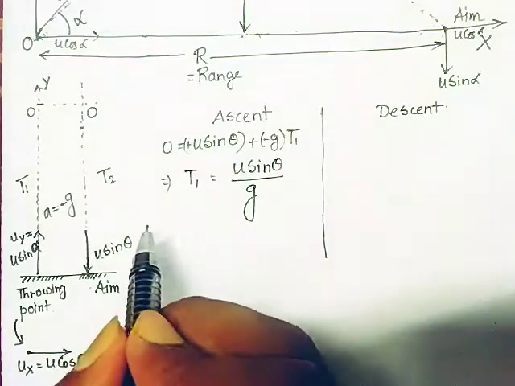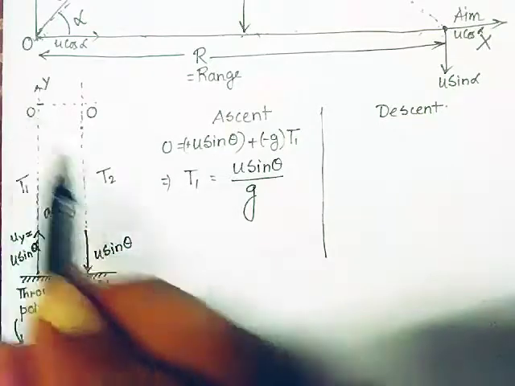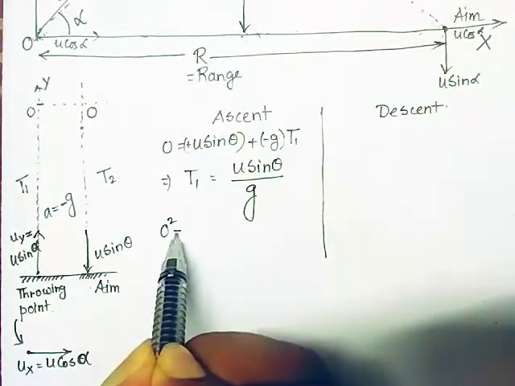Now, if I use another equation, v square equal to u square plus 2as, the final velocity is 0 square.